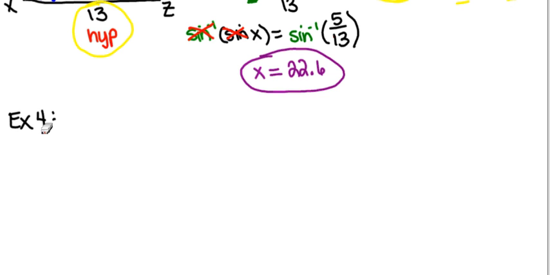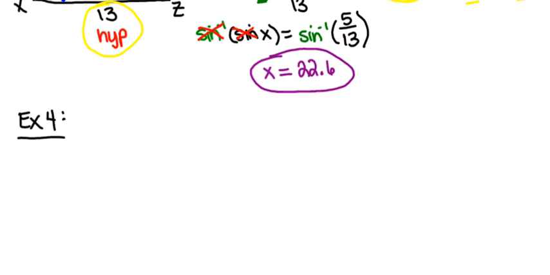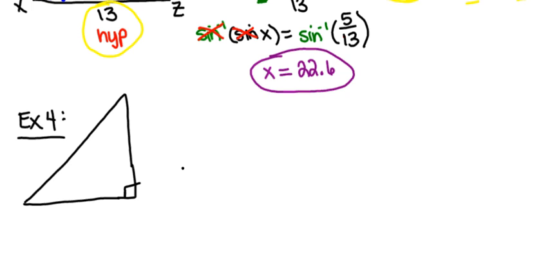All right, one more. This one, surprise of all surprises, I'm going to call example 4. All right, so for my triangle, I'm going to draw this one a little funky too. This one I'm going to label triangle ABC, and I'm going to make the right angle angle C. I'm going to make the hypotenuse AB.